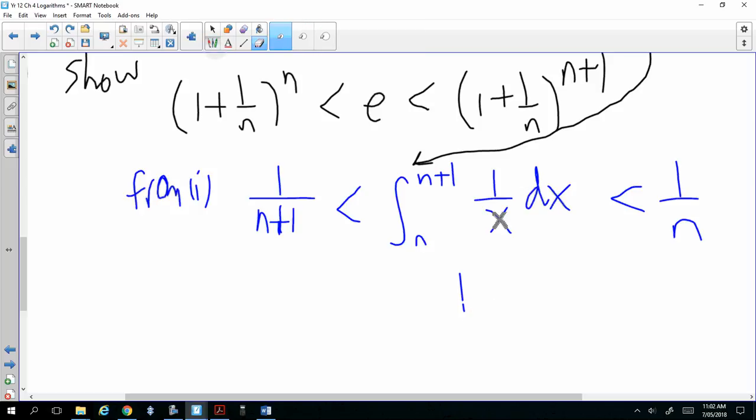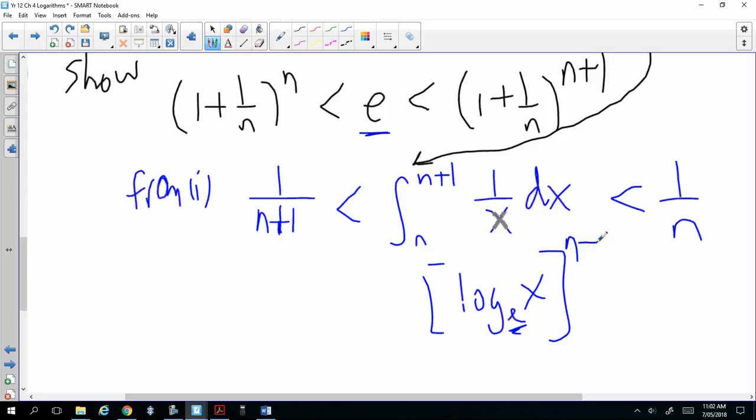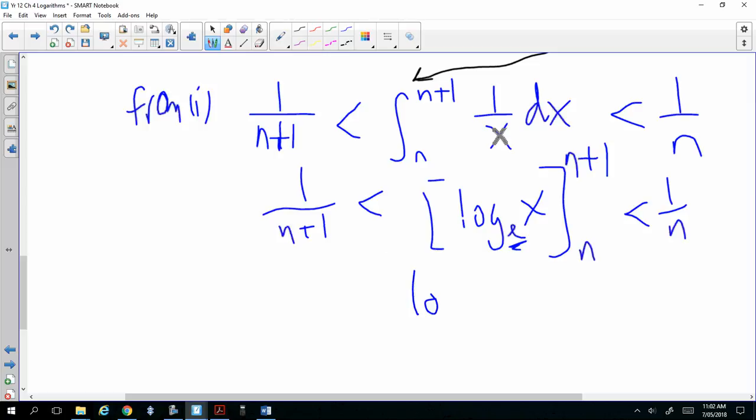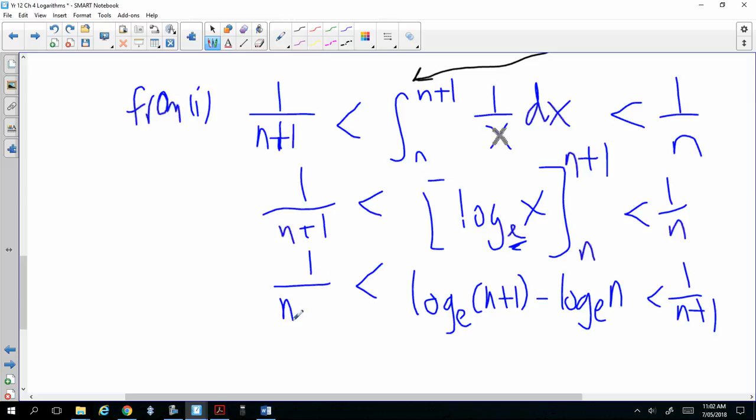So you can do the definite integral, which becomes log base e of n plus 1 minus log base e of n, like that. So now we have got, again, you can combine the logs using the log law we discussed today: log of n plus 1 over n, where you divide.